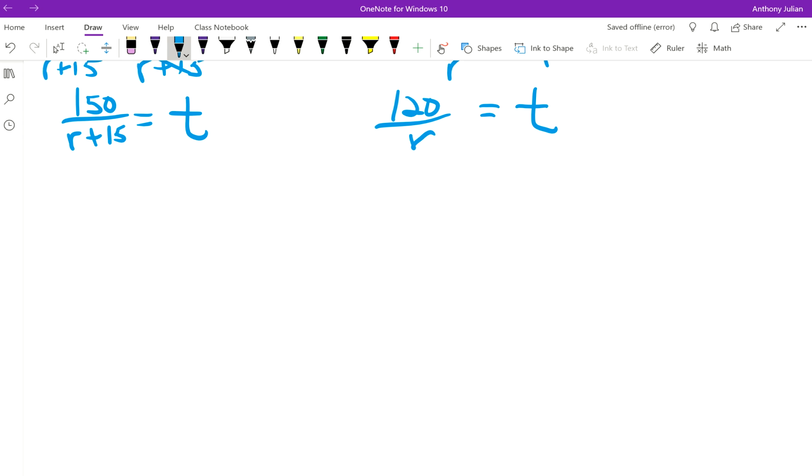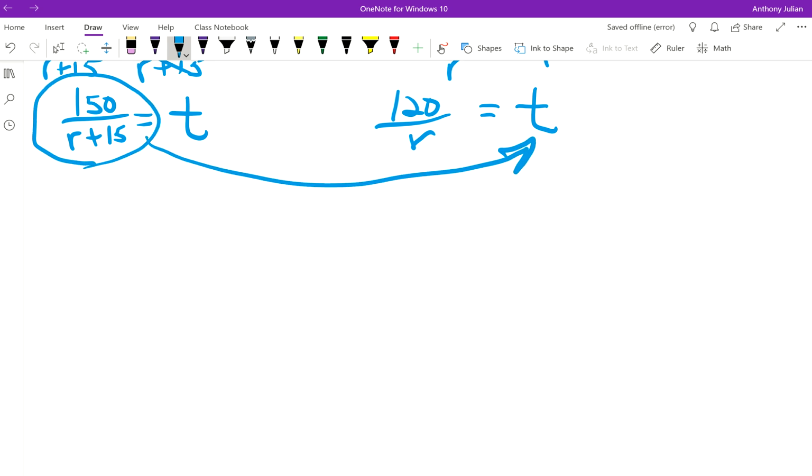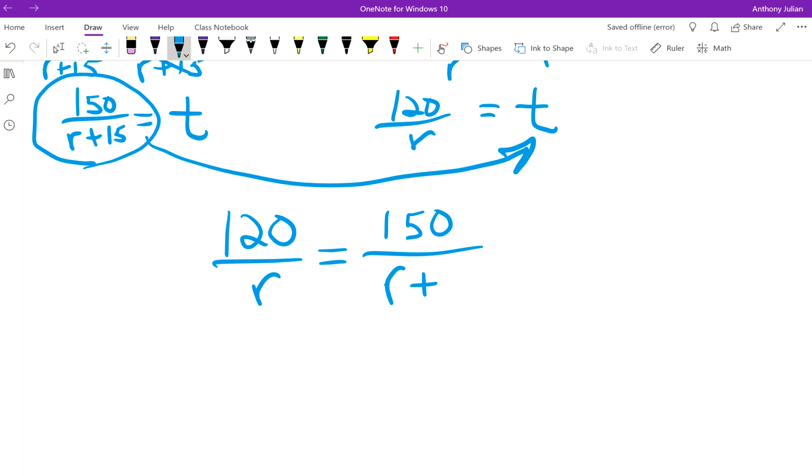So I got a t equals over here and a t equals over here. So I'm going to take this and substitute it for the t over here. So that'll give me 120 over R that equals 150 over R plus 15. And here's our problem.